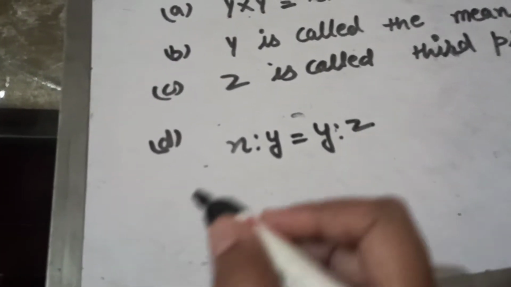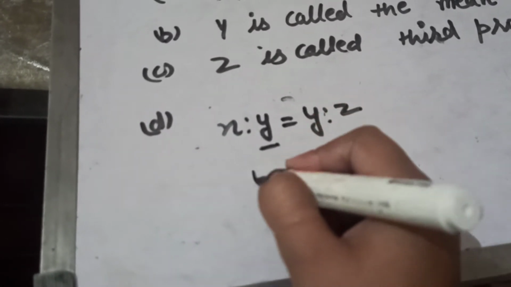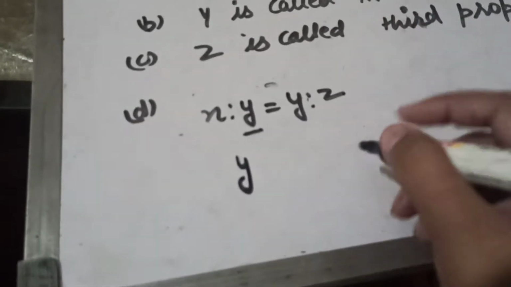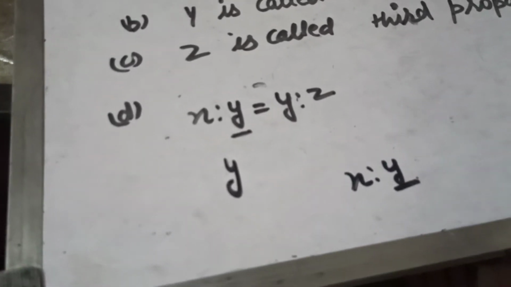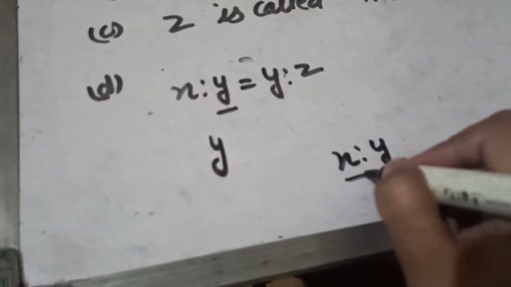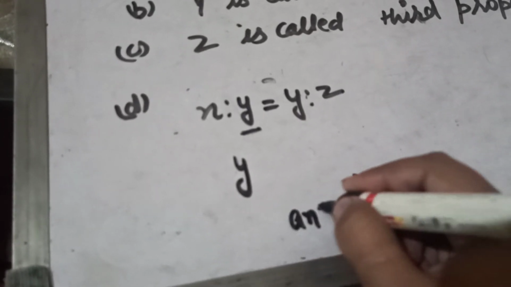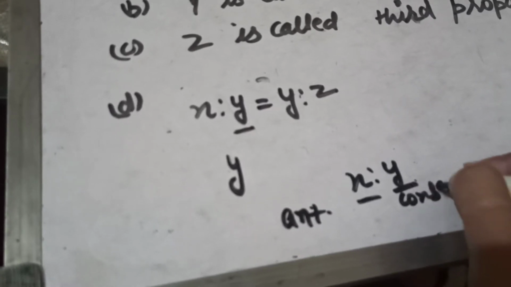So it is given that consequent of the first ratio, so consequent is this y, and antecedent of the second ratio. So see, these are ratios. This one is consequent and this one is antecedent. A comes first, so this is antecedent and this one is consequent, right?